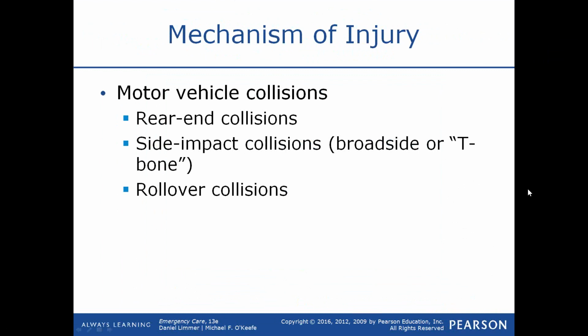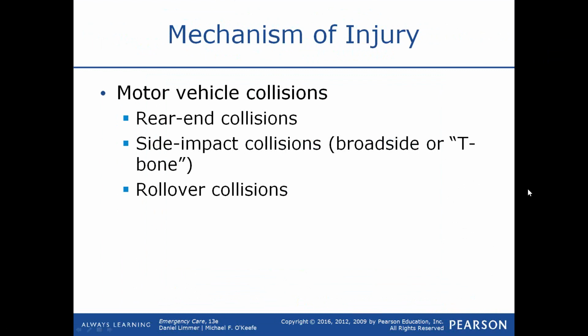Expect a lot of potential broken bones on the side of the body where the impact occurred, particularly hips and femurs and ribs, with offset side impact collisions where you just catch the corner of the vehicle, not the direct center.